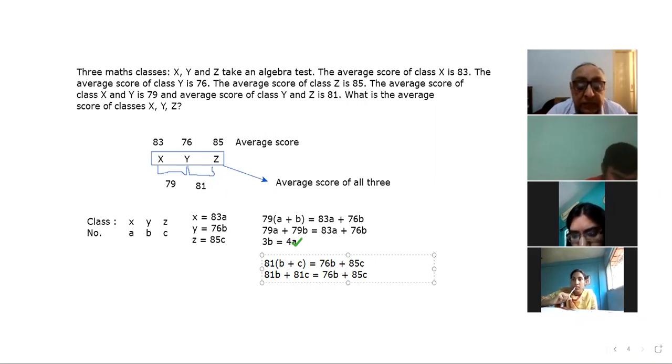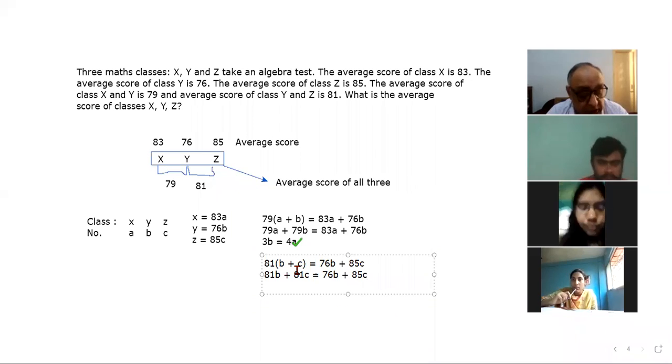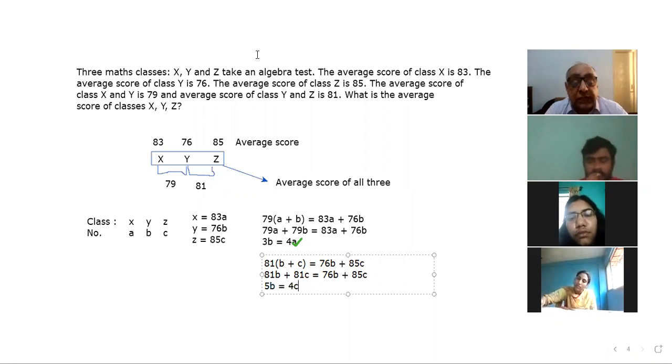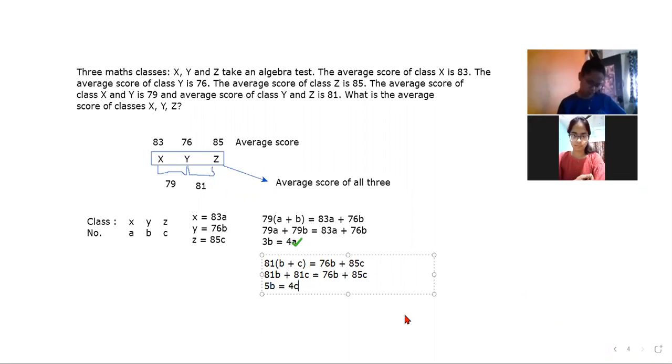So from this, we conclude that 5B is equal to 4C. 5B is equal to 4C. So this is the second equation which is there.